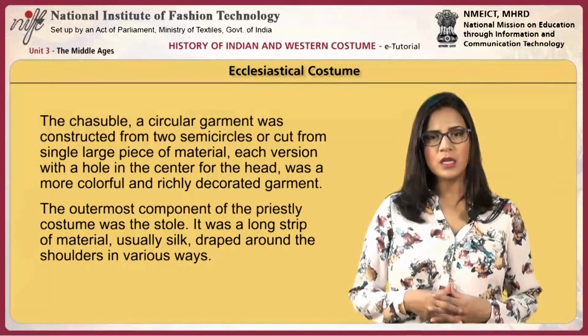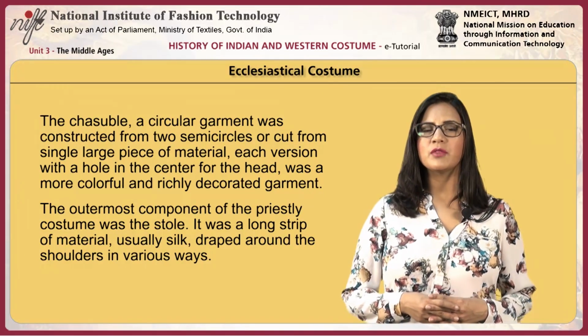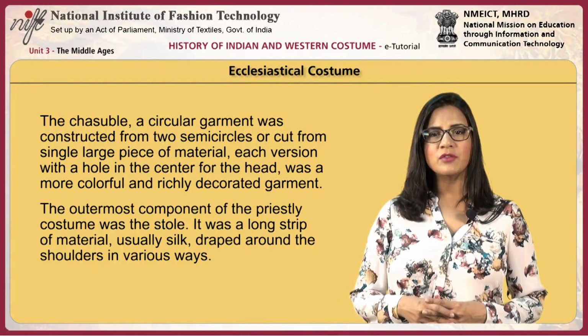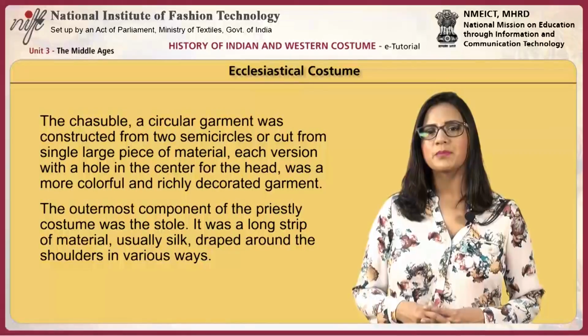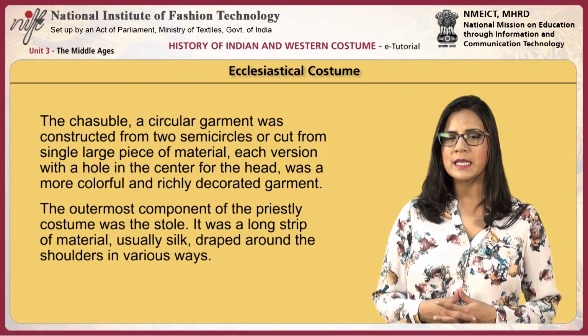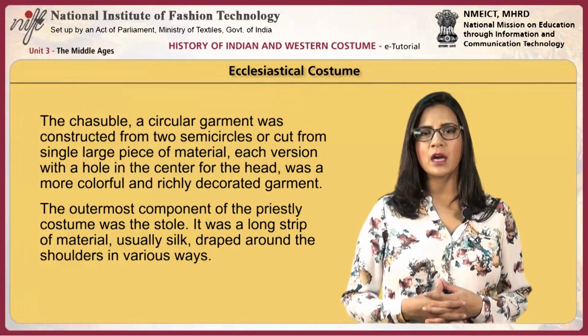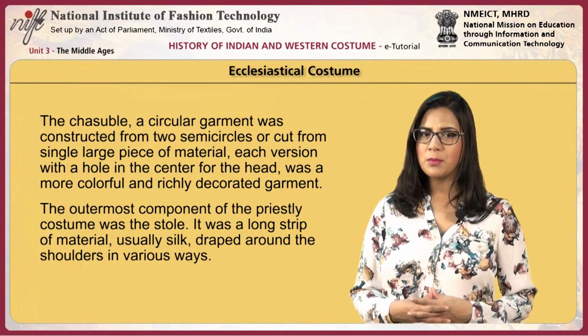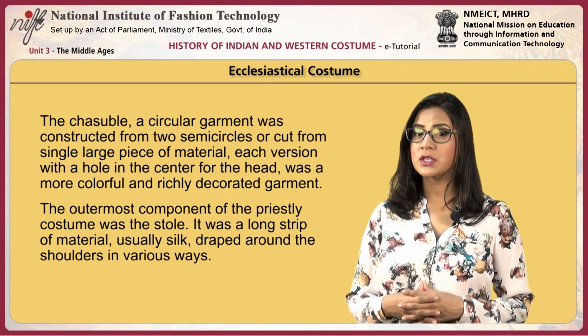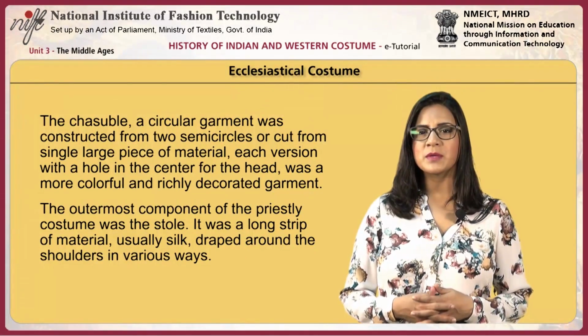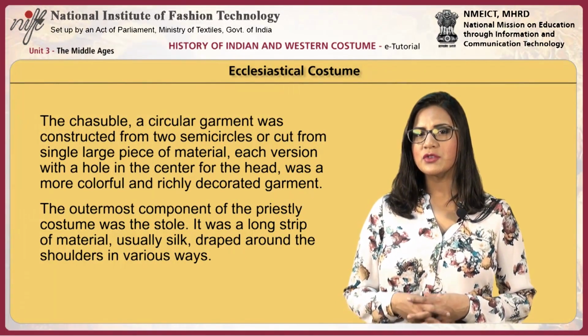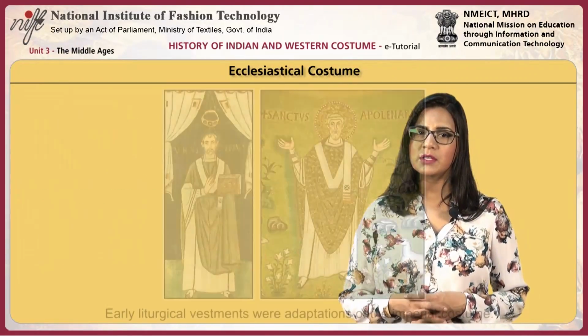The chasuble, a circular garment, was constructed from two semicircles or cut from a single large piece of material, each version with a hole in the center for the head, and was a more colorful and richly decorated garment. The outermost component of the priestly costume was the stole. It was a long strip of material, usually silk, draped around the shoulders in various ways.